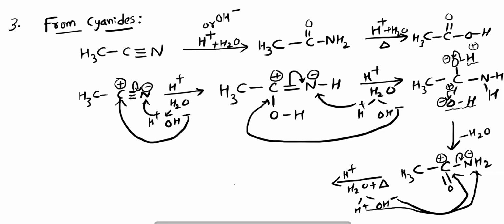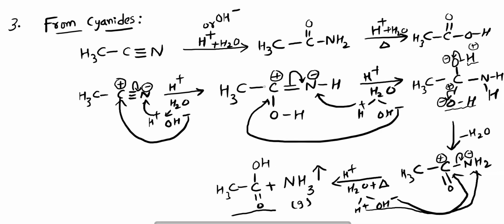Let's see. We have CH3, on the carbon OH and double bond O, plus hydrogen attacking NH2, it becomes NH3. When you're heating, this NH3 converts to gaseous form and goes off. That is how we get carboxylic acids.